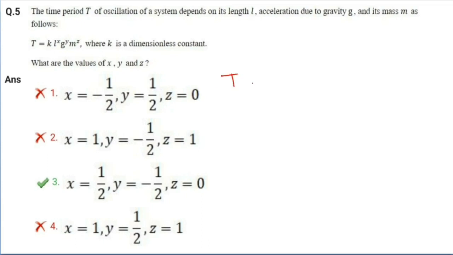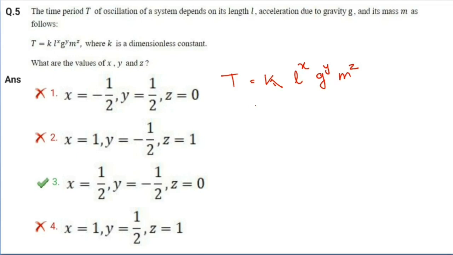That means t depends upon k, a constant, length L to the power x, then acceleration due to gravity, that is g to the power y, and mass m to the power z, and k is the dimensionless constant. So we have to calculate the value of x, y and z.